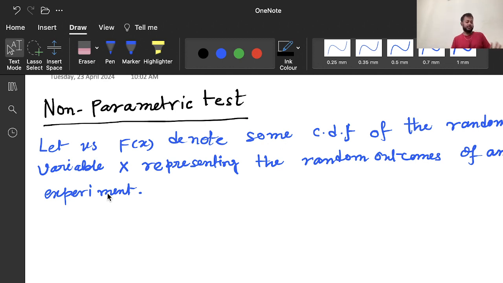We'll assume some distribution, and then we will test or infer some parameter from the observed X that is available to us. Now, as I have said, it is not always possible to know what the distribution is. So we will see here how to deal with these situations.